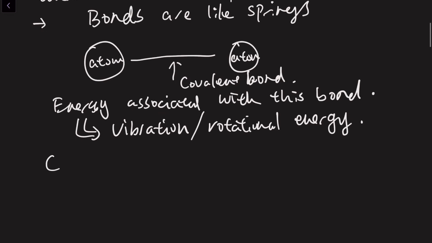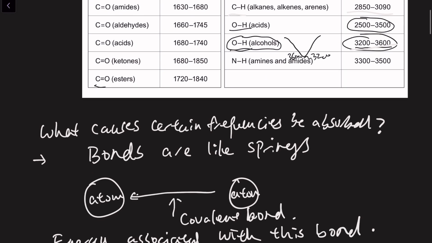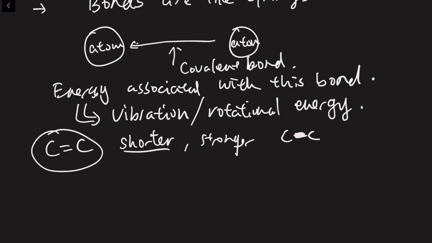For example, the CC double bond has a shorter distance, and it is stronger than the CC single bond. Thus the CC double bond will vibrate at a higher frequency, so it has a stronger energy.